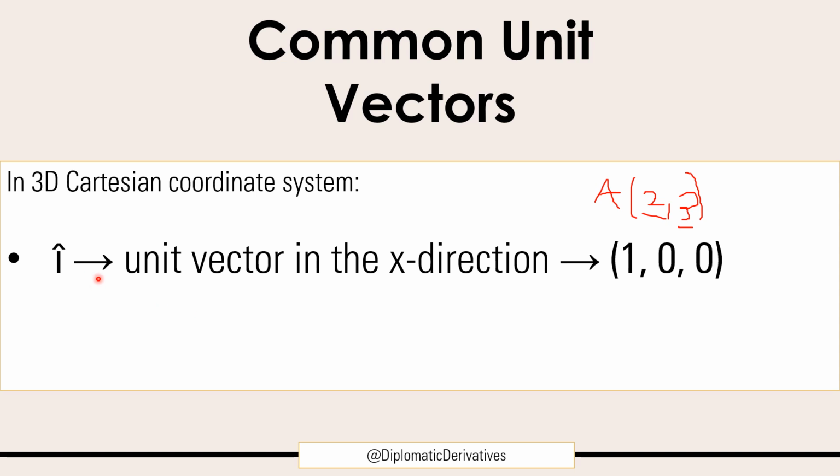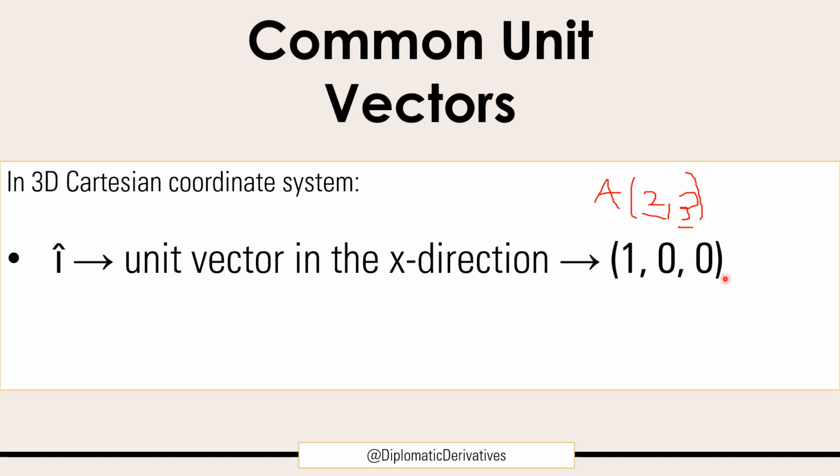Because i tells the direction along the x-axis, and we know the magnitude is 1, so it is only for the x direction that we have a magnitude. For y and z we do not have any magnitude. So in the x direction it is 1, and in the y and z directions it is 0.